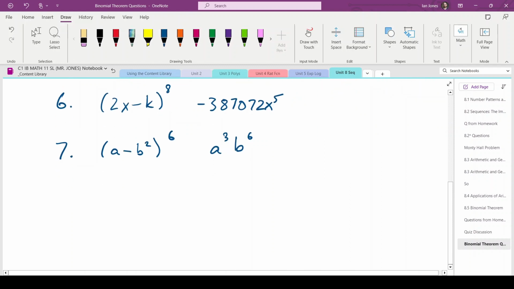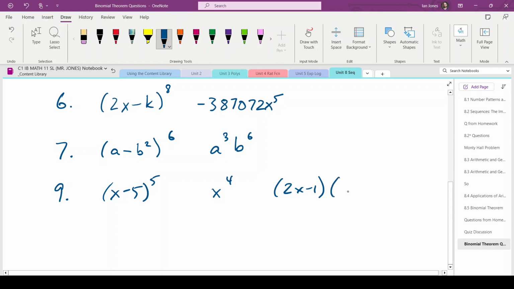Then I will do number 9 from the same exercise set. We're first asked to expand x minus 5 to the 5th, and we are then asked to find the term that has x to the exponent 4 in it, in 2x minus 1 times x minus 5 to the 5th.